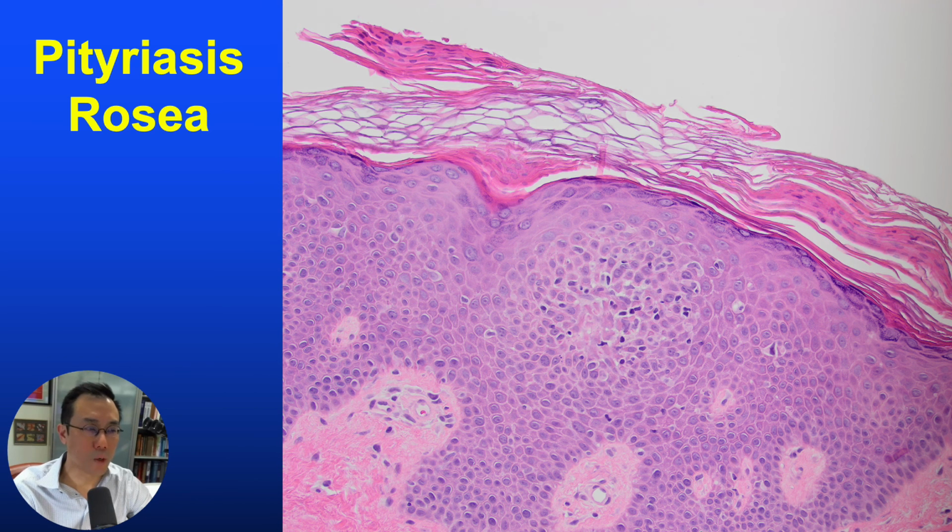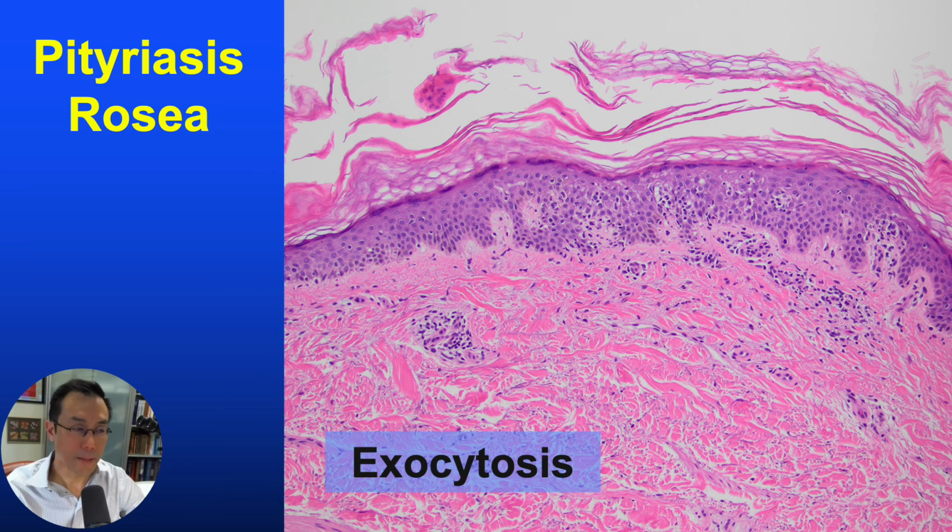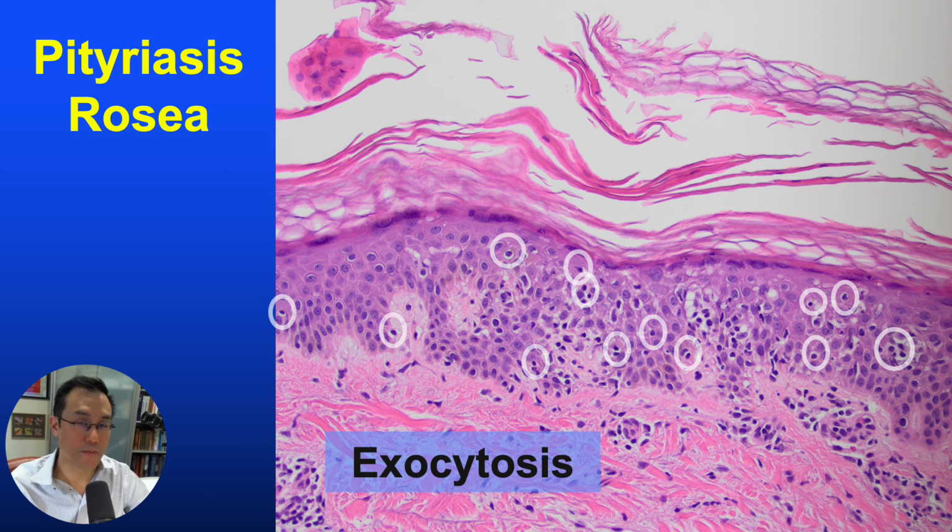And shown here is a more multifocal pattern of parakeratosis with underlying spongiosis and arguably somewhat prominent exocytosis of lymphocytes. And sometimes there's even enough exocytosis to make you start having some of those MF thoughts. Don't ignore them. They are there.